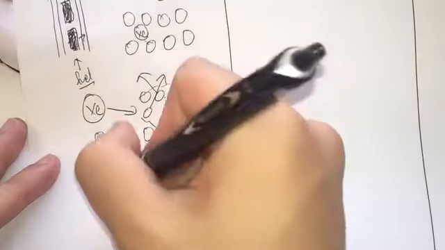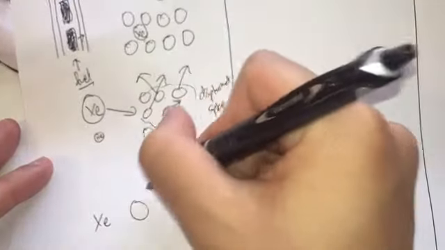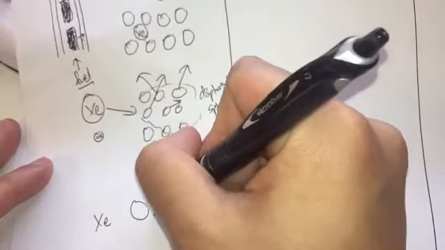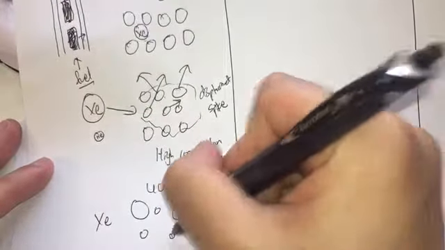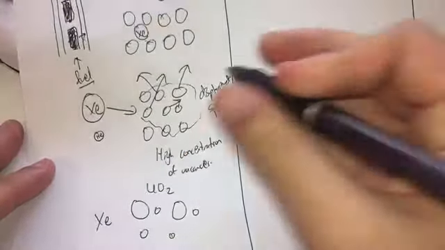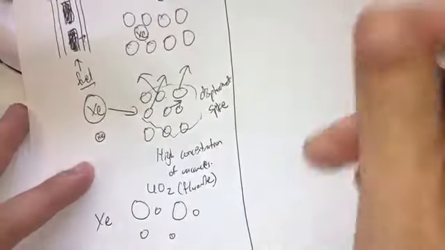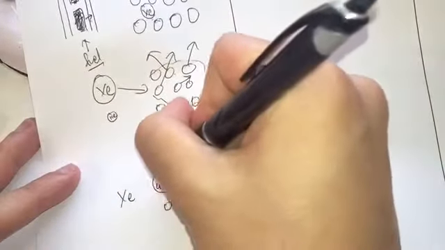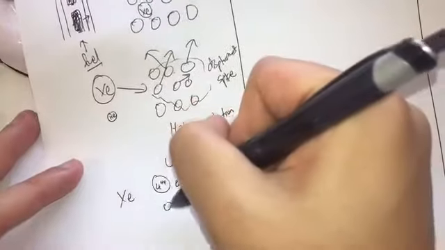So, if you have xenon inside a uranium oxide lattice, so this is UO2, I'm not drawing it accurately, but there'll be a fluorite structure, where, let's say, a uranium ion is attached to two oxygens.